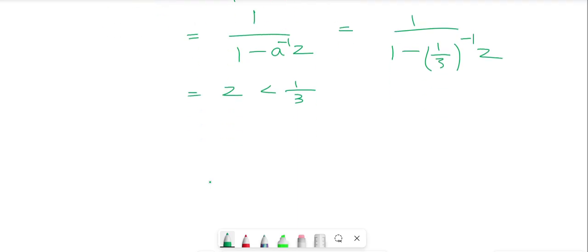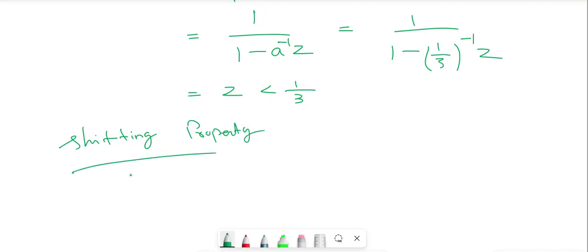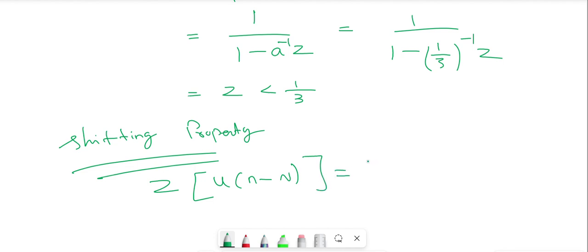Otherwise I'll explain one more property, the shifting property. Note it down, the frequently used property of Z transform.